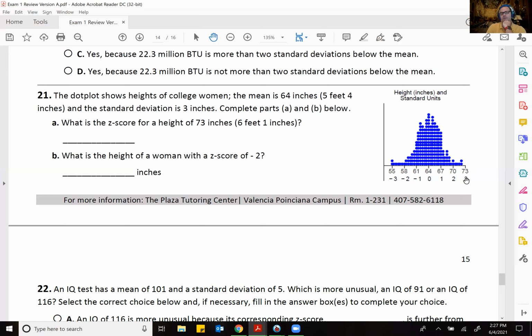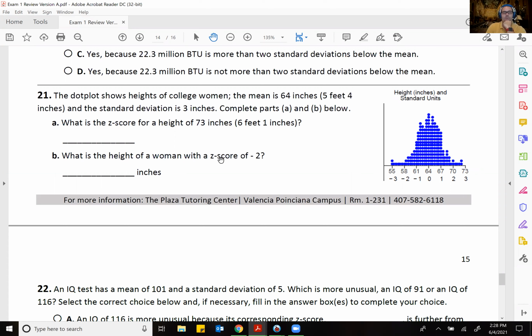Yeah. It may not always be on the chart, just so you know. You should know that formula. But yeah, it is on the chart. It's right there. 3. So that made this problem a little bit easier, but that's the mathematical way to verify it. If it's not on this chart, you should be doing the math, which makes part B a little bit easier since we already have that on the dot plot.